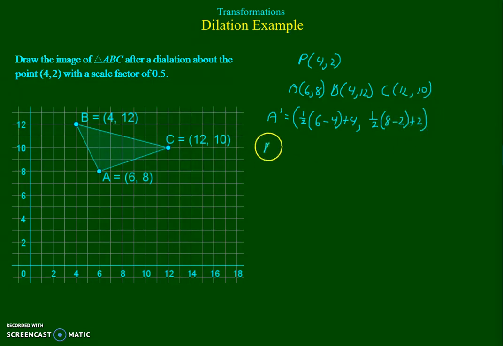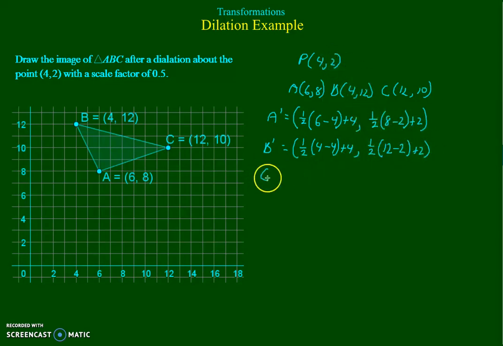Then for B prime, that's going to be looking very similar. Now we take this x-coordinate, 4, and we do the same thing here. We're subtracting and adding the same x-coordinate. So minus 4 plus 4. Then 1/2, 12. And we do the same thing here. Minus 2 plus 2, because that's the y-coordinate.